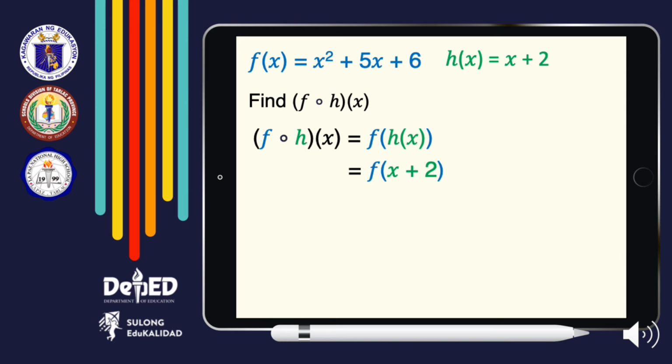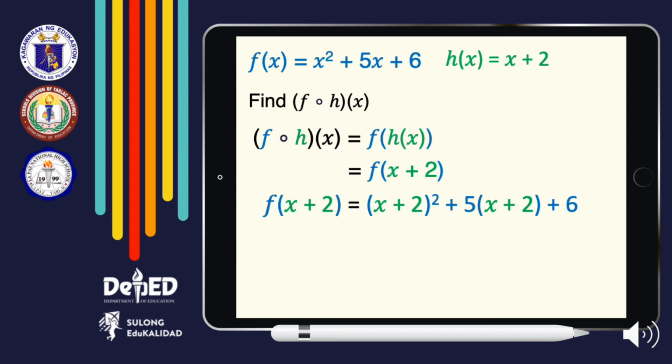Now pay attention to this. We are now going to use the function f of x. Since f of x is equal to x squared plus 5x plus 6, we will replace all of its x's by x plus 2. So now we have x plus 2 quantity squared plus 5 times x plus 2 quantity plus 6.